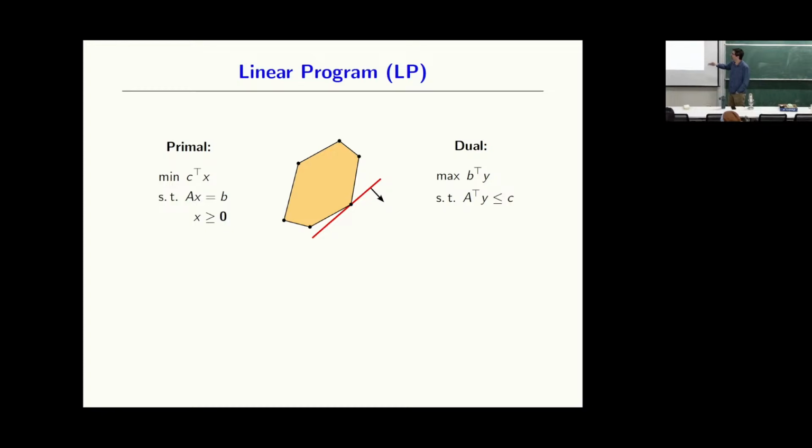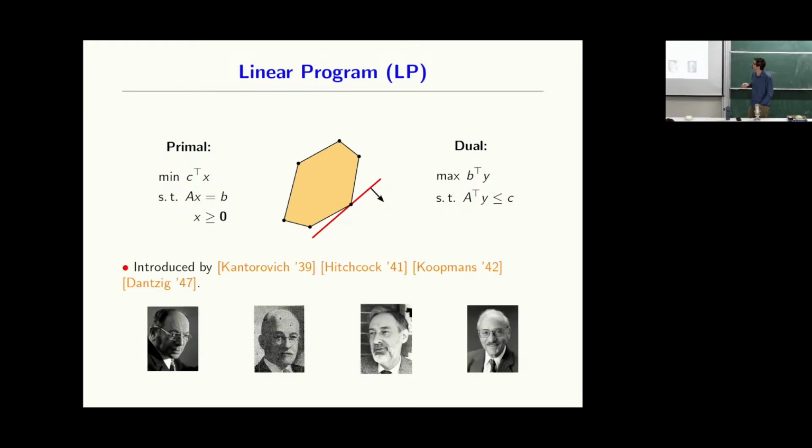And our goal is going to be to solve linear programs exactly and understand when this is easier or harder to do. And linear programming in general is quite old. I would say the modern theory that relates to optimization was started by Kantorovich in the 1930s for some Soviet production planning.